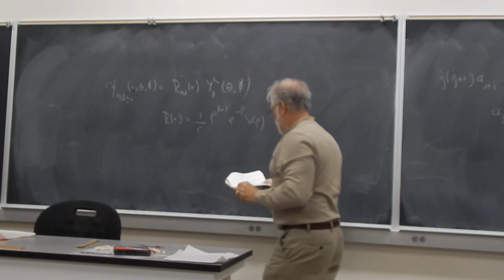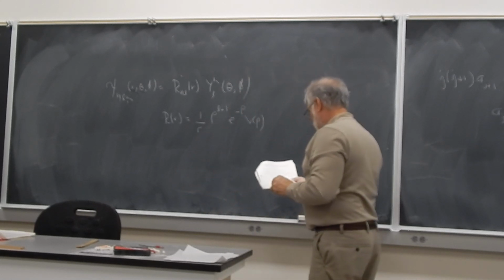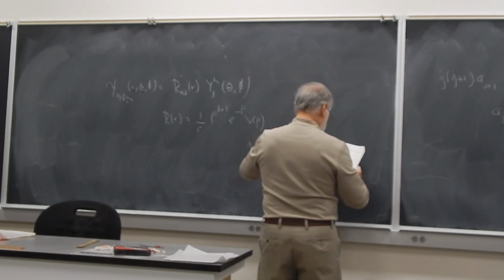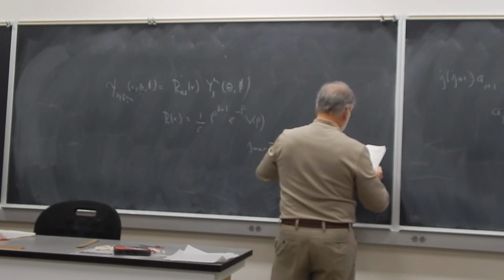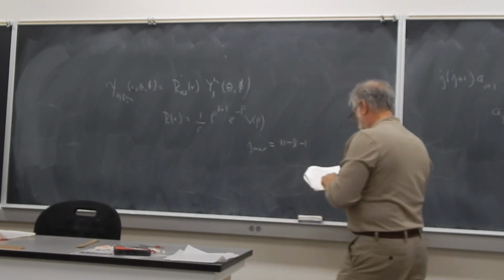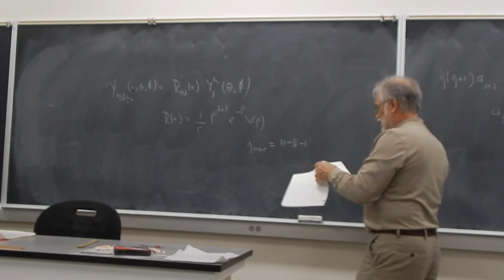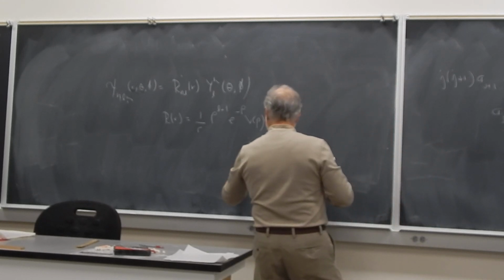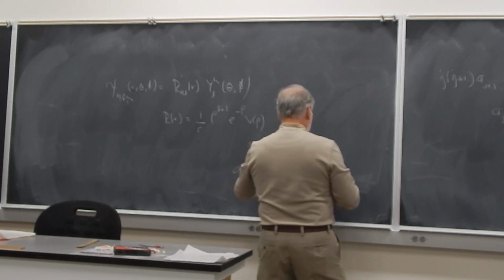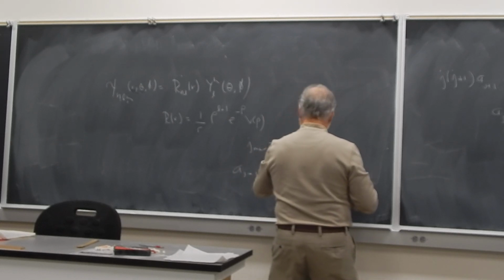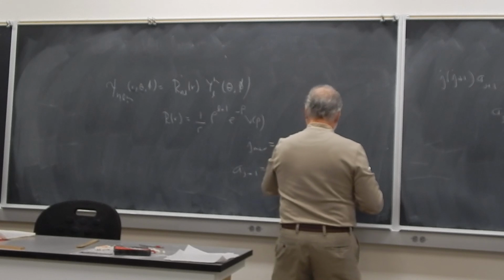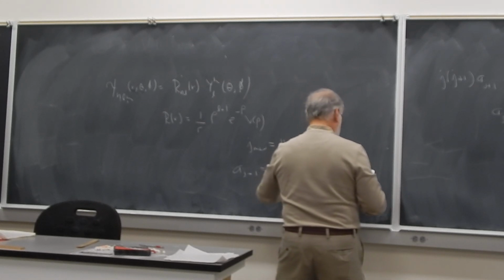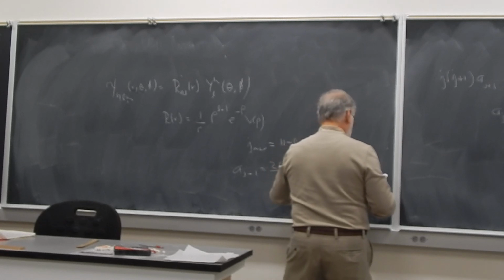And v of rho is a polynomial of degree j max equal to n minus L minus 1 in rho, whose coefficients can be determined by the recursion formula a sub j plus 1 equals 2 times L plus j plus 1 minus n, divided by j plus 1 times j plus 2L plus 2.